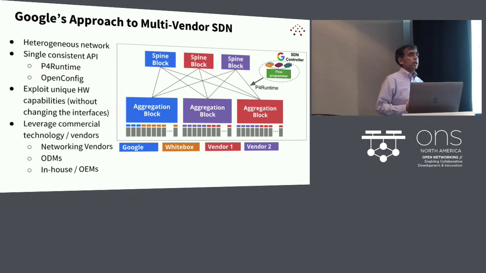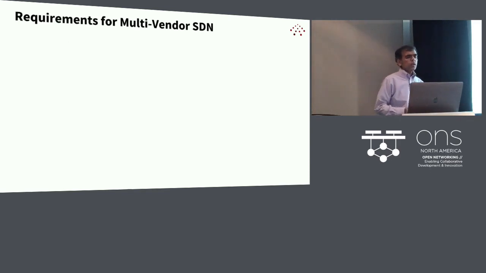What we want to do is explore some new interfaces that can tie together the heterogeneous set of devices that are available, and then be able to plug them into this heterogeneous network. So what are we looking for in order to evolve into this new generation of SDN?